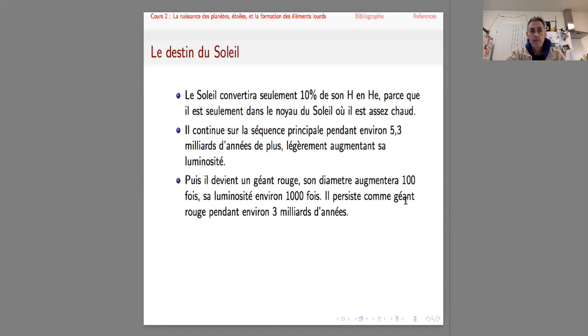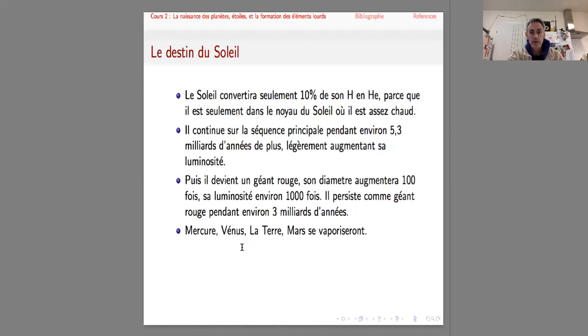It becomes a red giant, augmenting its diameter 100 times. Its luminosity will go up 1,000 times. It will persist as a red giant for about 3 billion years.